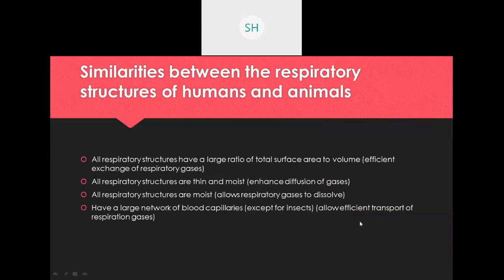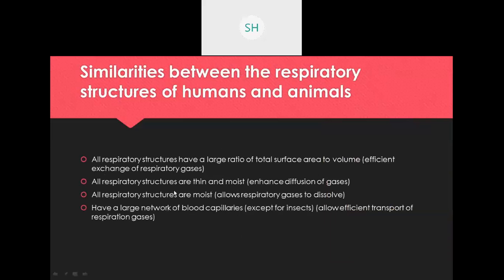Now, what are the similarities between the respiratory structures of humans and animals? All the respiratory structures, alveoli, lamella, skin, lungs, and also the tracheoles, have a large ratio of total surface area to volume, which allows efficient exchange of the respiratory gases.